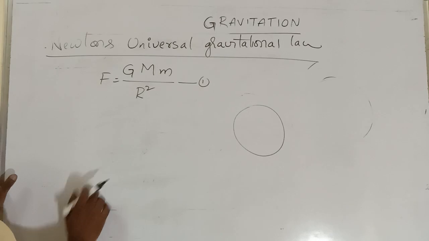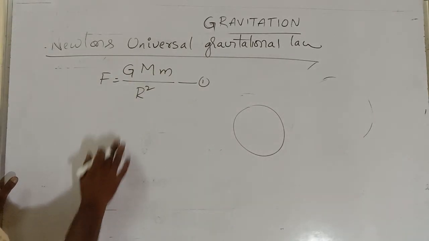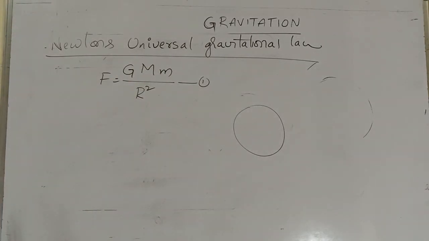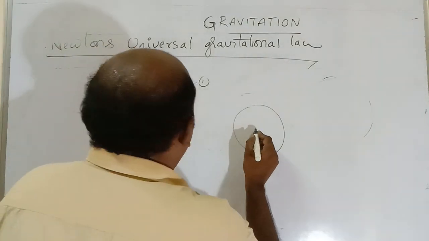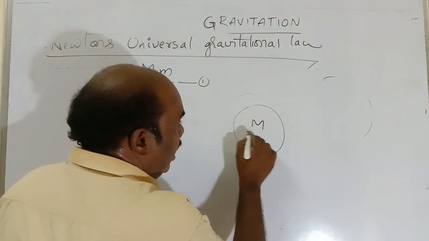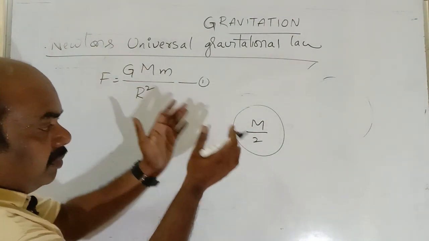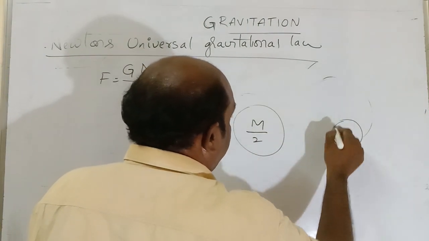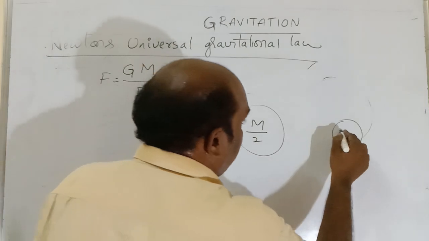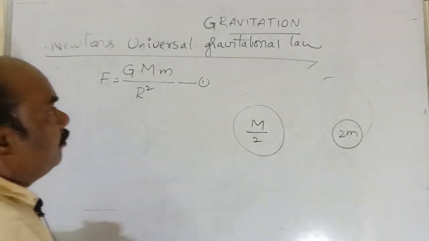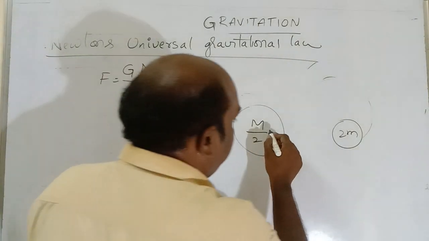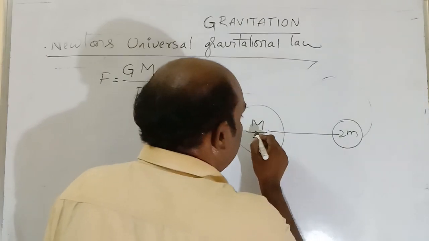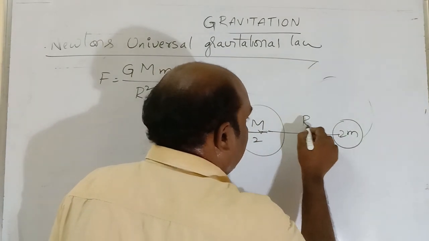Initial mass is capital M, second body mass is small m, distance between two centers is r. Now what I am doing? First body mass is reduced by half, I made initially m, now I made it m by 2. Second body mass I made m becomes 2m, I made it double. Distance between them became half, now center to center the distance became r by 2.